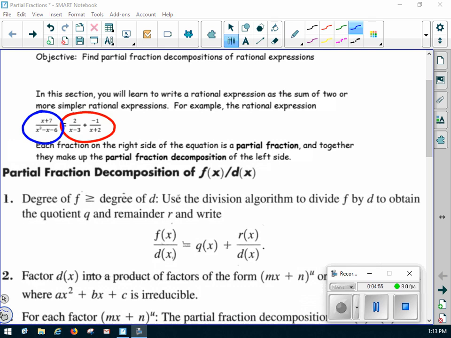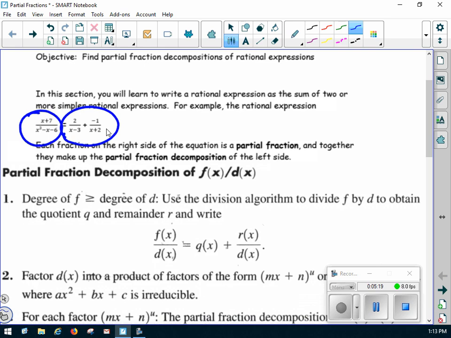So what you did in Algebra 2 is you added those to get this, right? What I'm going to teach you how to do is to take that and figure out what fractions you added to get it. So we're just going backwards. It's not hard.